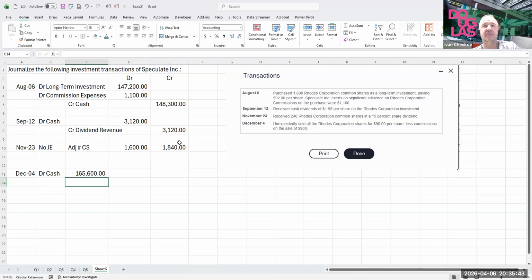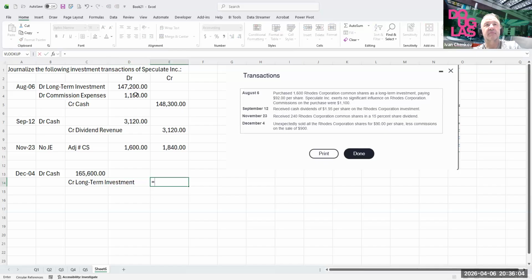We get the cash because we sold the shares, correct? Do we have the shares? Credit. We have to credit those shares, long-term investment. Since that's gone, long-term investment 147,200 gone.